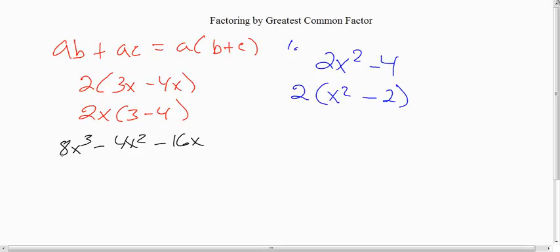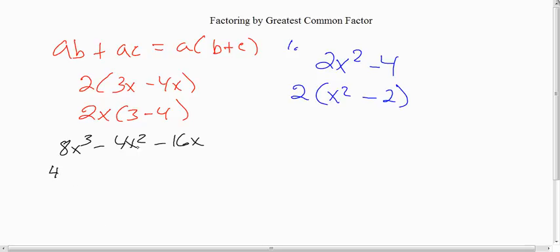So we look at 8, and we have 1 and 8, 2 and 4. Then we have 4, which is 1 and 4, and 2 and 2, and we have 16, and it's 1 and 16, 2 and 8, and 4 and 4. Now notice that each one contains a 4, so we can come in here and take 4 out.